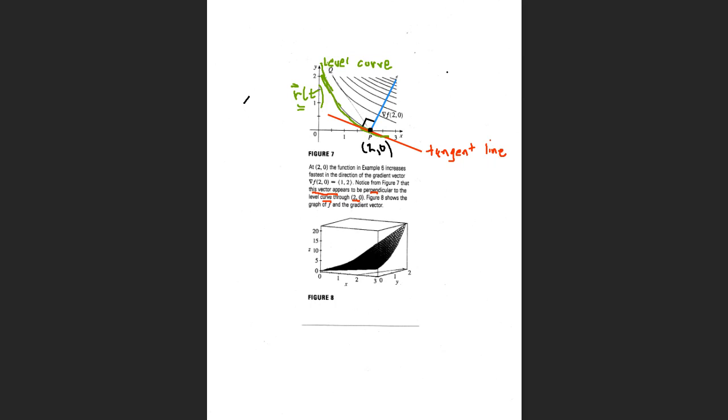So what we want to show is that the derivative vector of r of t at some time t, where this time t corresponds to when you're at (2, 0), is the slope of this tangent line.